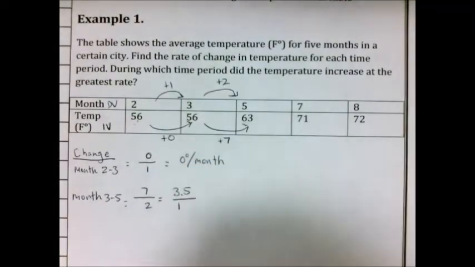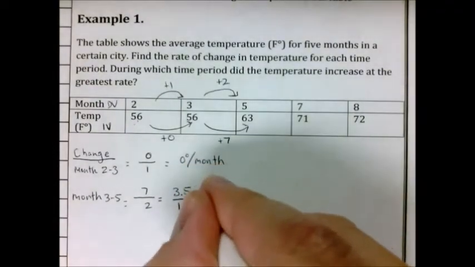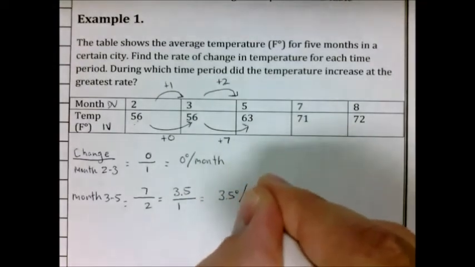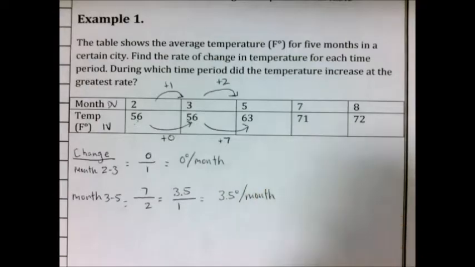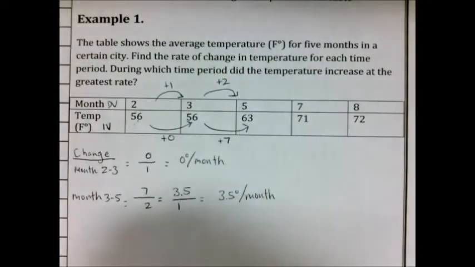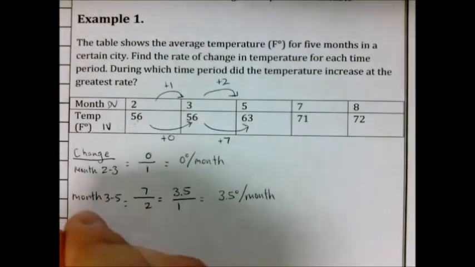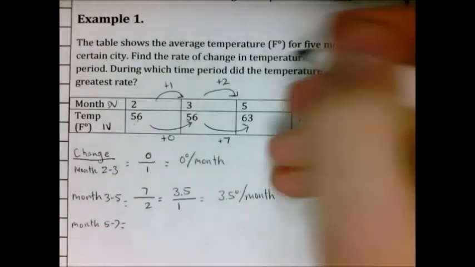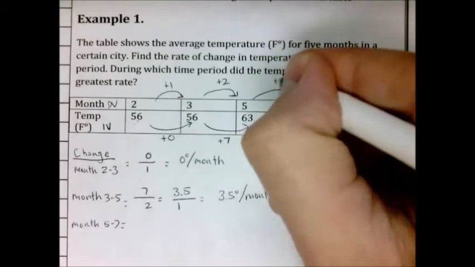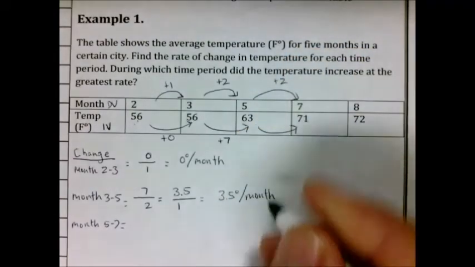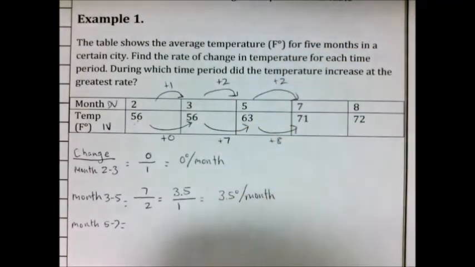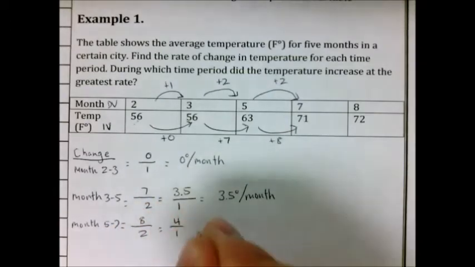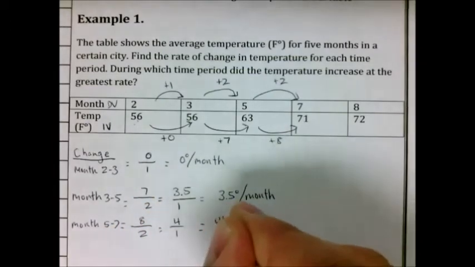So it's 3.5 over 1. So that means it's a 3.5 degree change per month. Alright, same exact thing. We're going to go month 5 to 7 now. We're adding 2 in terms of months. From 63 to 71, we're adding 8. And so our change is 4 over 1, which means 4 degrees per month.